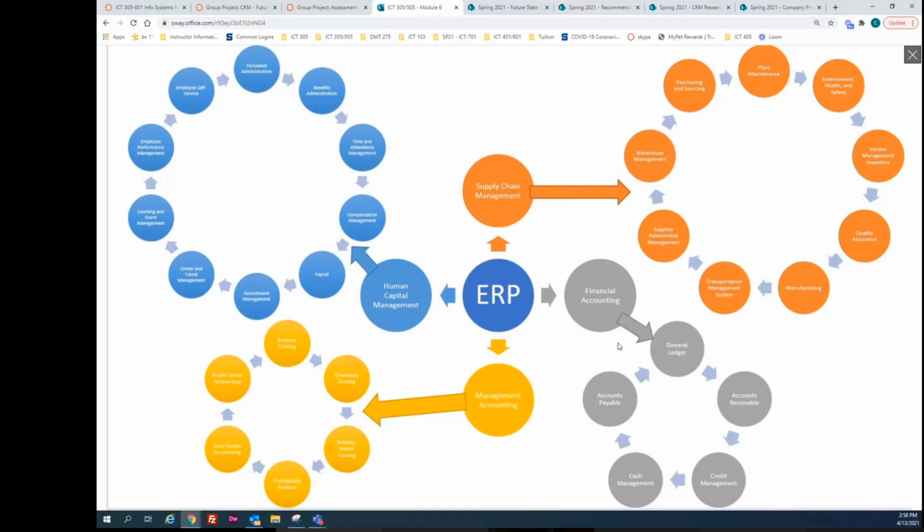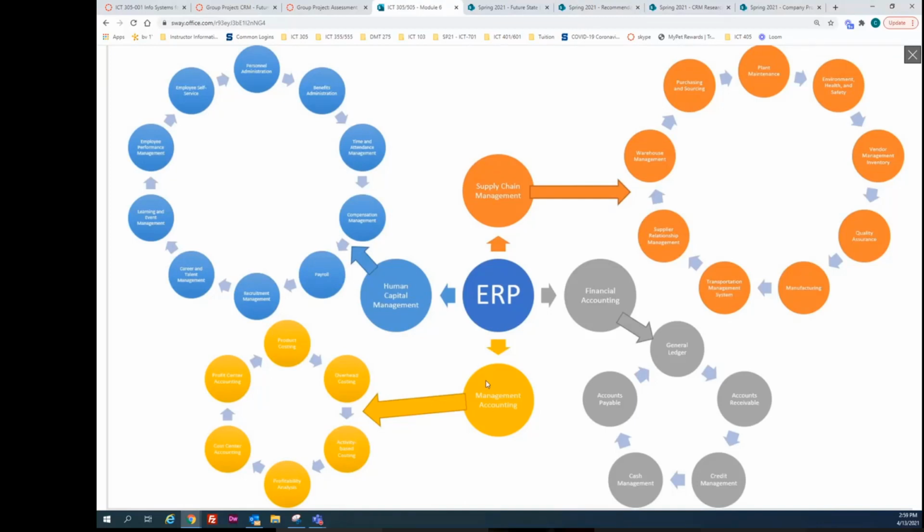You will notice that this small little bubble of financial accounting covers this module that would be part of an enterprise resource planning tool or system. It covers lots of different things, from general ledger to accounts receivable and payable, cash management, and credit management. Management accounting has its own things, like account-based costing, profit center accounting, profitability analysis, etc.